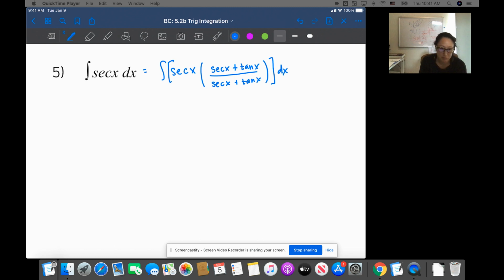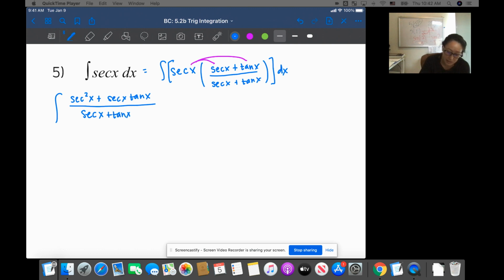Somebody figured this out a long time ago. So anyway, I'm going to go ahead and distribute in my secant x into the numerator. So I get the integral of secant squared x plus secant x tangent x all over secant x plus tangent x dx.